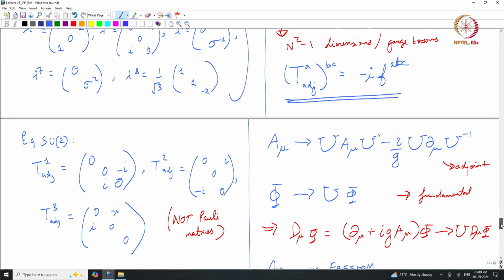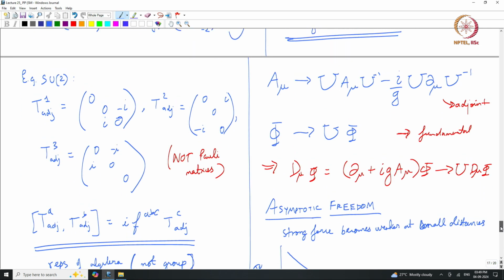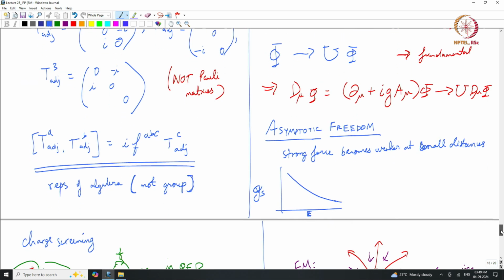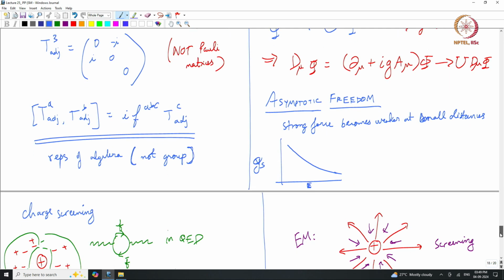What we really need is how the gauge field itself transforms. Okay. In the adjoint representation, this is how you want the group elements to transform, the gauge fields in this case, and it is this interplay between the adjoint transformation and the fundamental transformation that gives rise to covariant derivatives and from there on to gauge invariant theories.